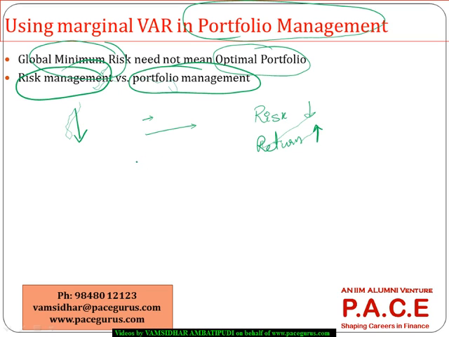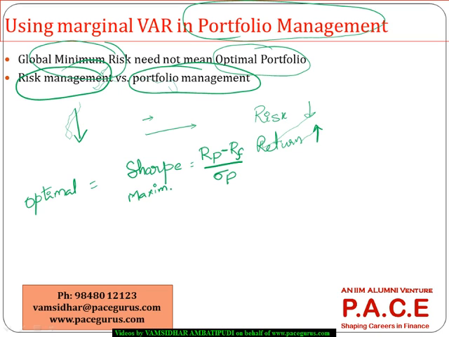So that's where, if we remember, we generally use the Sharpe ratio in portfolio management, where we talk about the portfolio return minus some benchmark, which is the risk-free rate of return, divided by the standard deviation of the portfolio. This is what we were using. And when I say optimal portfolio, it is that portfolio which will maximize this Sharpe ratio.